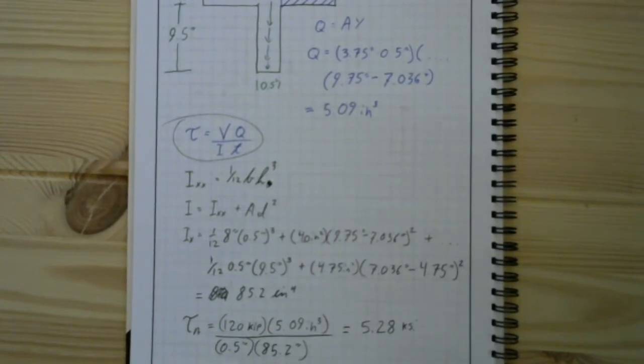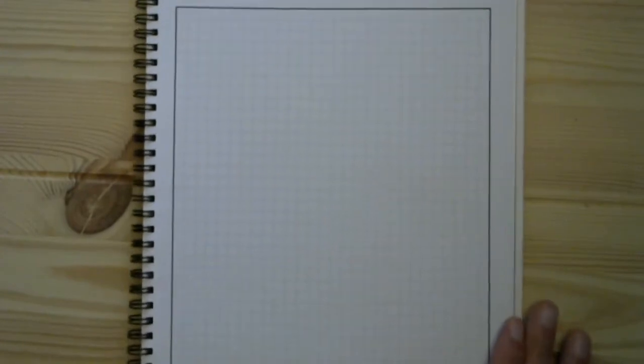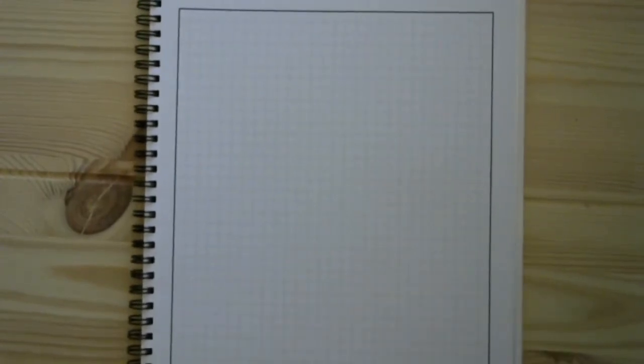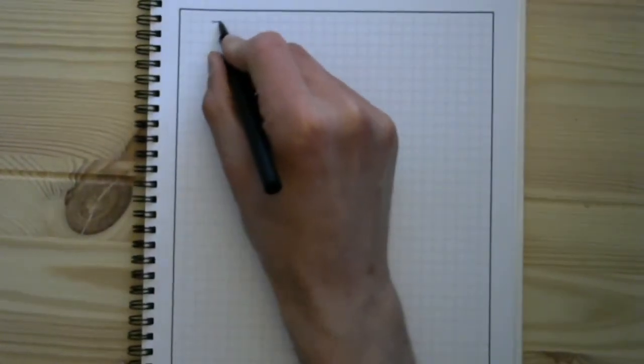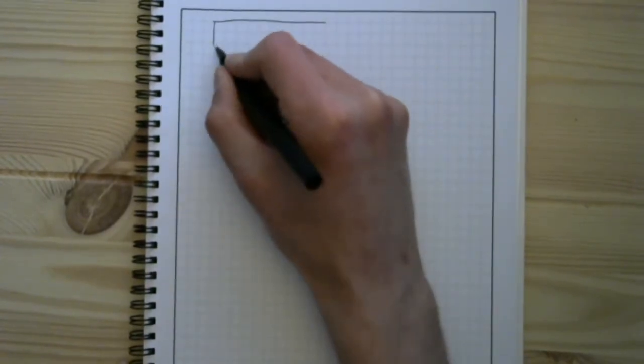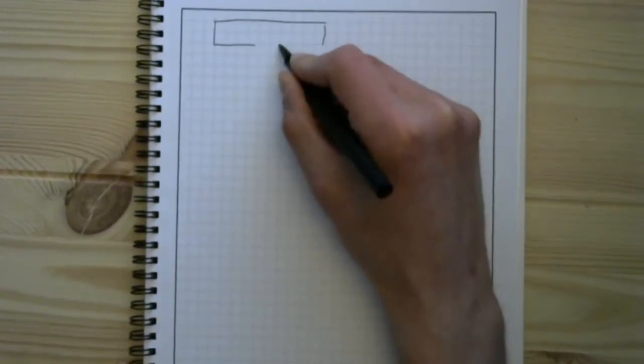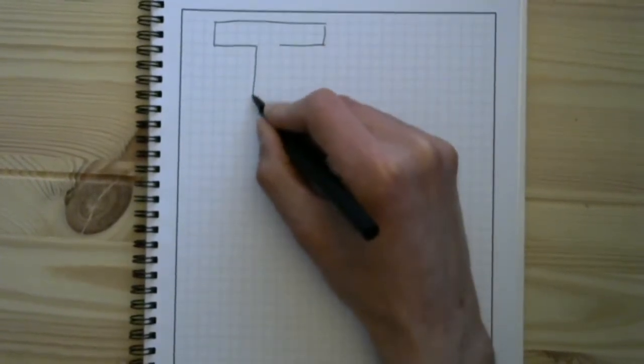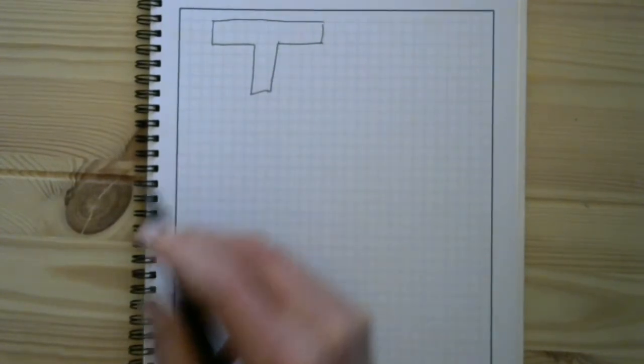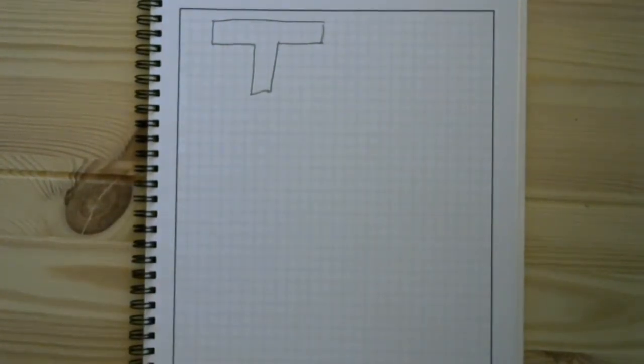All right, now let's determine what the maximum shear stress is. Now the maximum shear stress is going to be at the centroid, or the neutral axis. But we already found where that was, and it was 7.04 inches up.